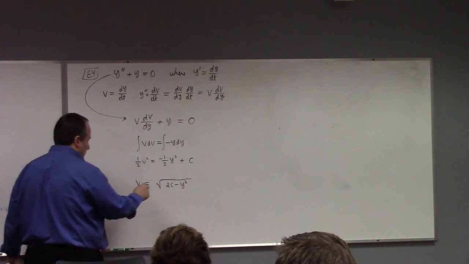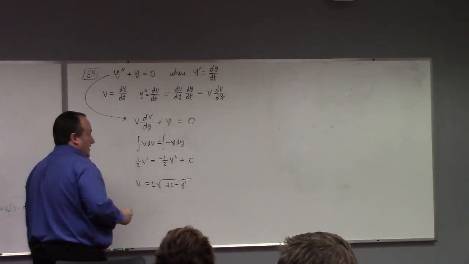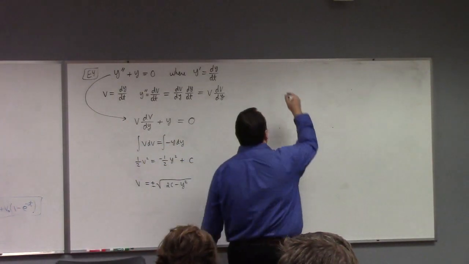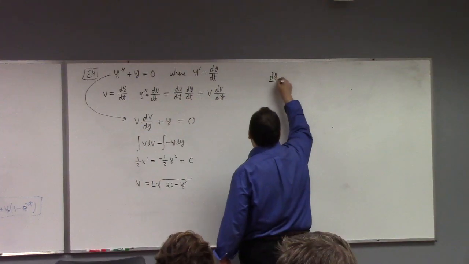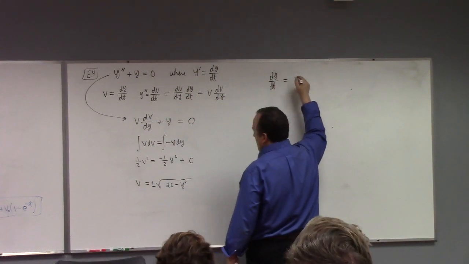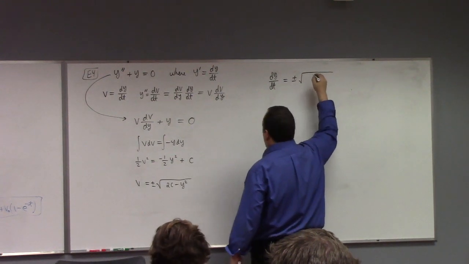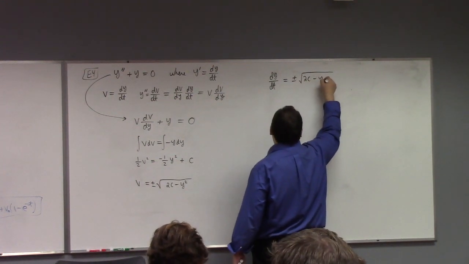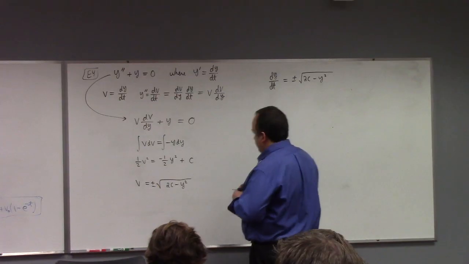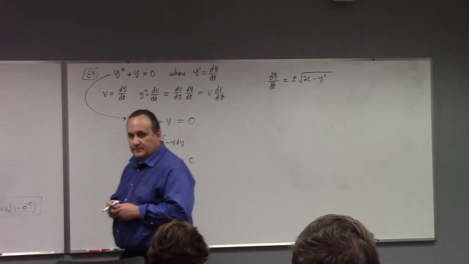Plus or minus, yeah? Okay, but v was what? v was dy dt, right? So now we got dy dt is equal to plus or minus the square root of 2c minus y squared, yeah? Can we solve that?